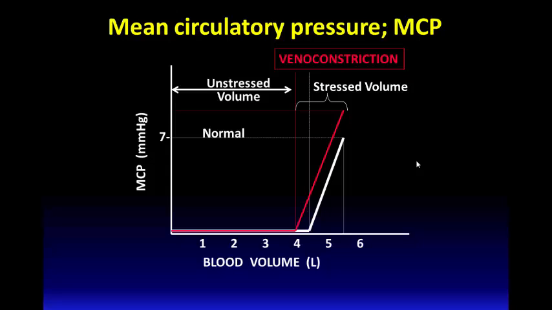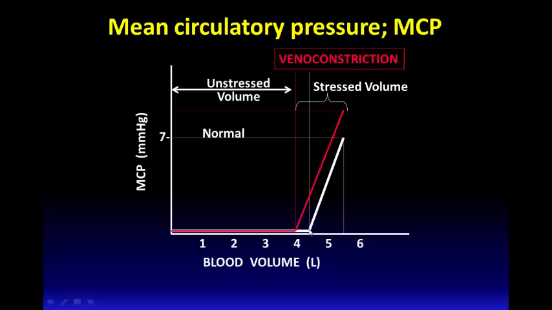This is shown in this diagram. On the x-axis, again, we have the blood volume, and on the y-axis we have the mean circulatory pressure. In a normal subject, the total blood volume is approximately 5.5 liters, and the unstressed volume is 4.5 liters.